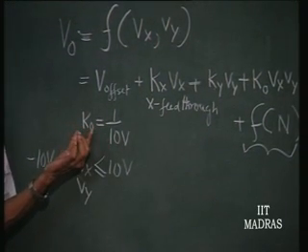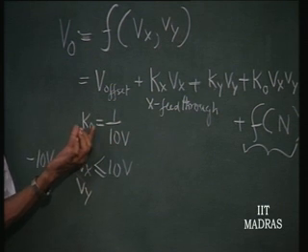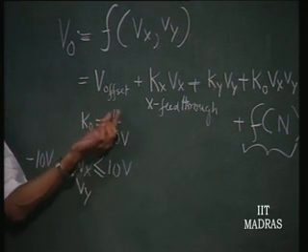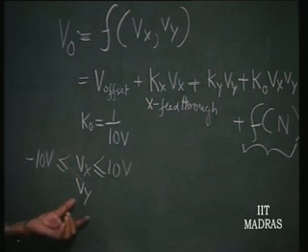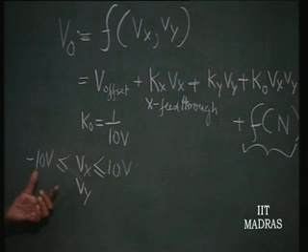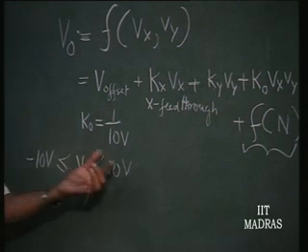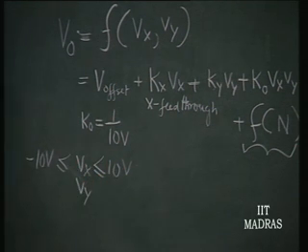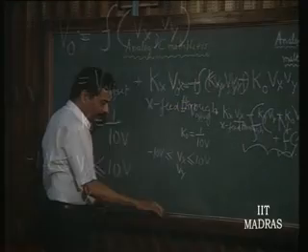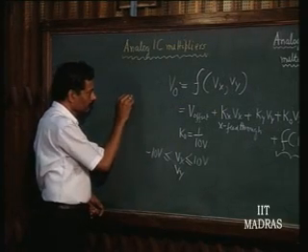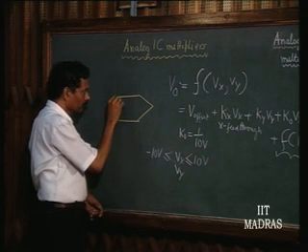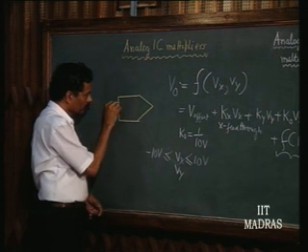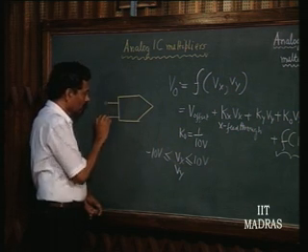That means the constant of proportionality has been adjusted to be 1 over 10 volts, and Vx and Vy must have a dynamic range of minus 10 to plus 10, and then the symbol for the multiplier becomes that block.